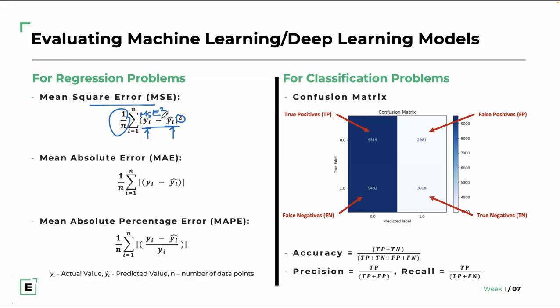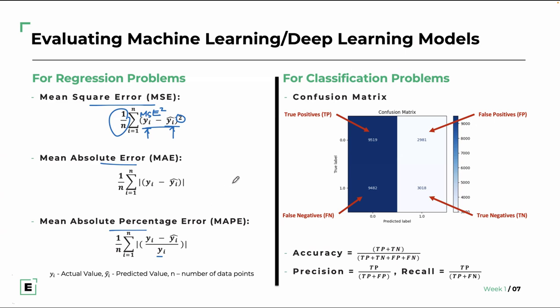Instead of finding the square, if I find the absolute value of the difference between the actual and the prediction, I arrive at mean absolute error. And if I divide the absolute error by the actual, then I get the mean absolute percentage error. So these are all the different evaluation parameters which we will utilize to evaluate how good our model is.